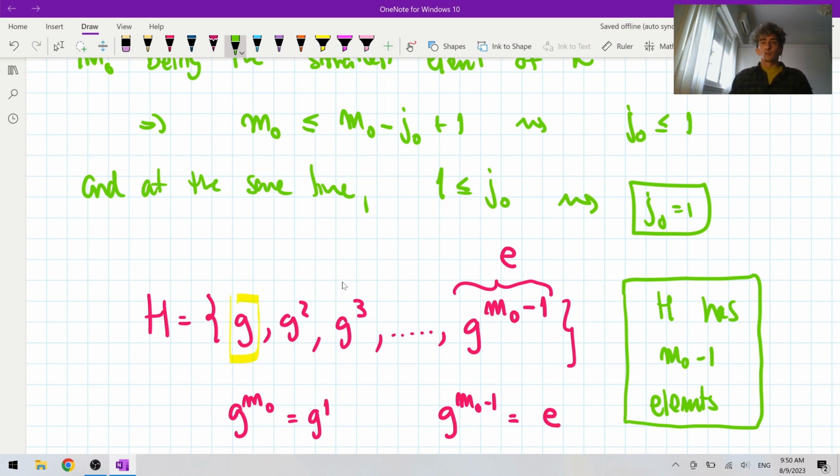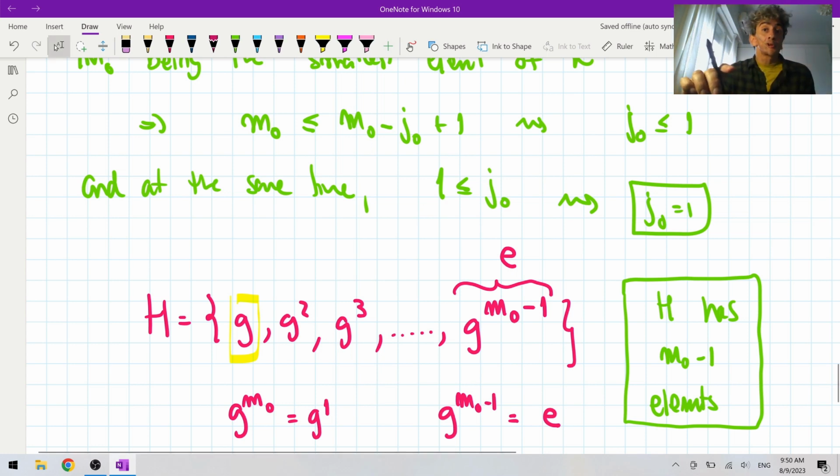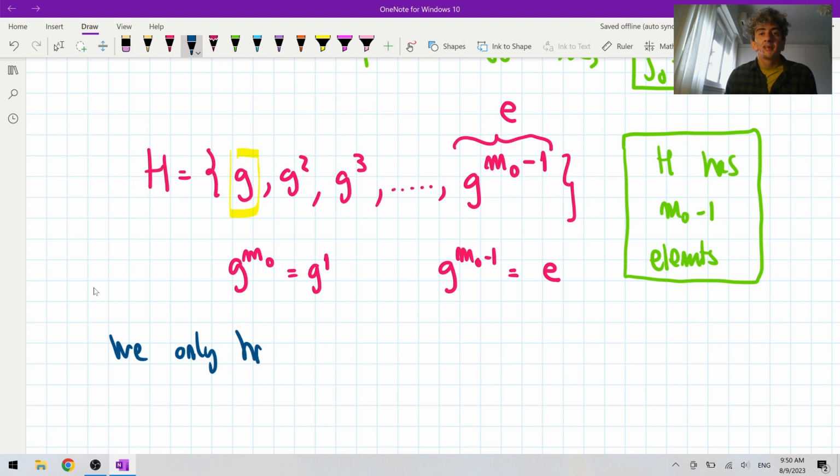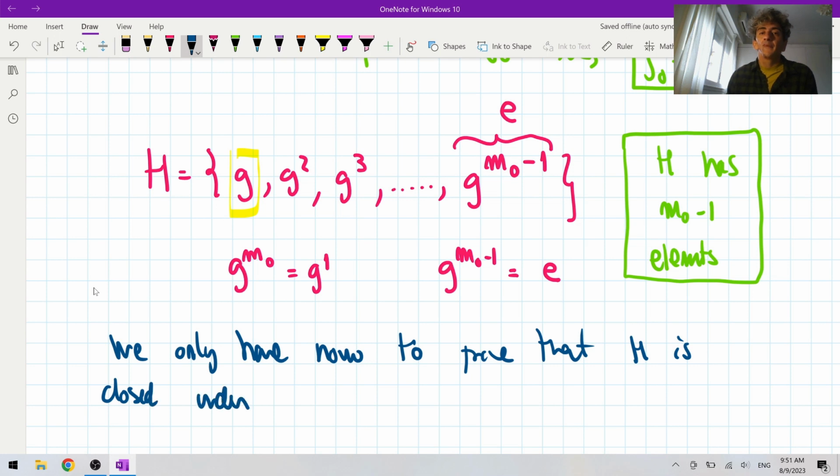All right, so we're only left to prove the third condition for H to be a subgroup. We only have now to prove that H is closed under taking inverses.